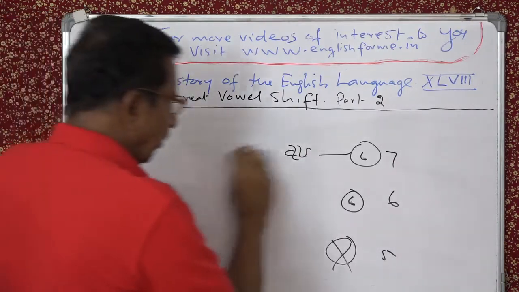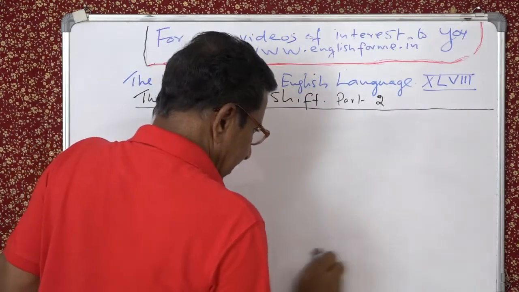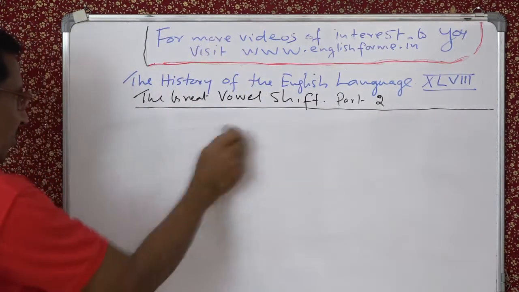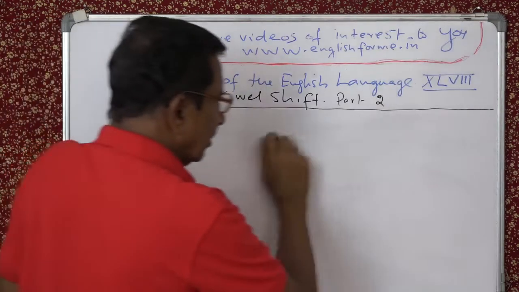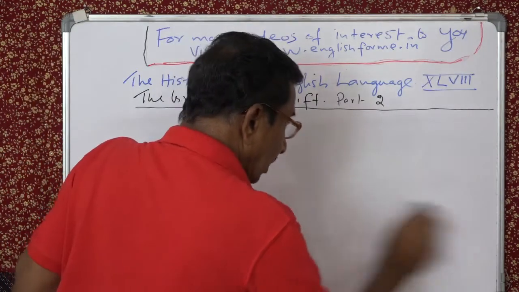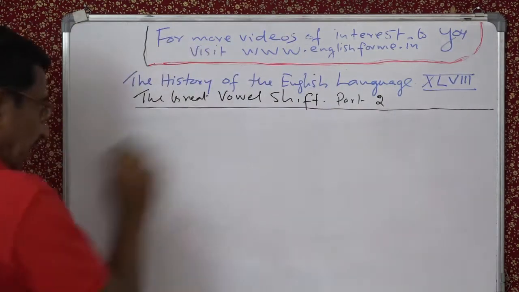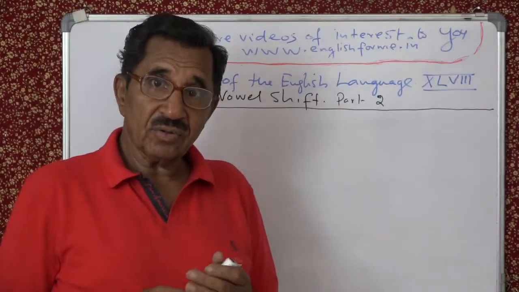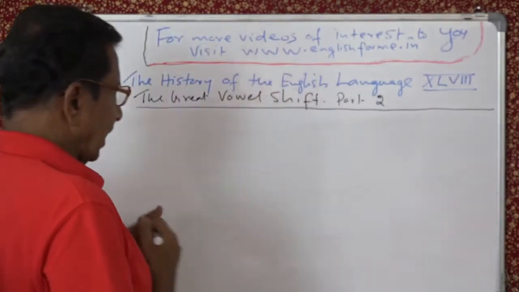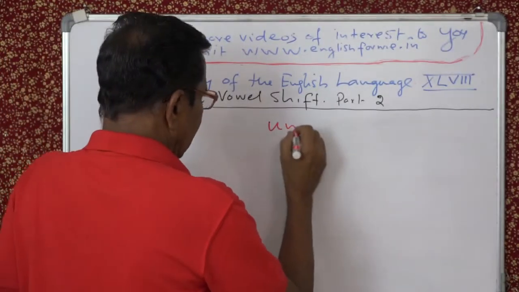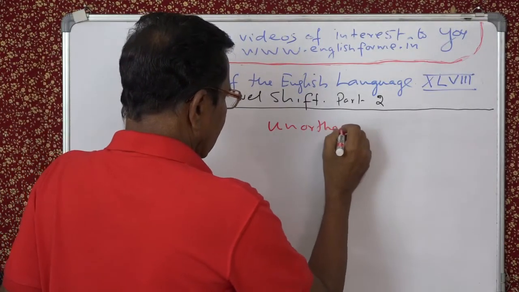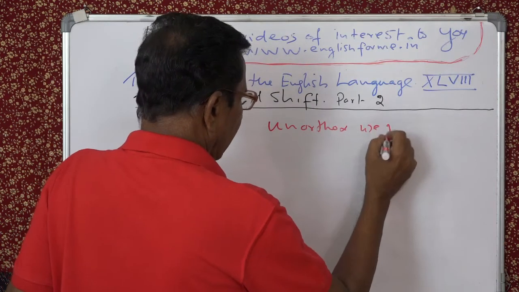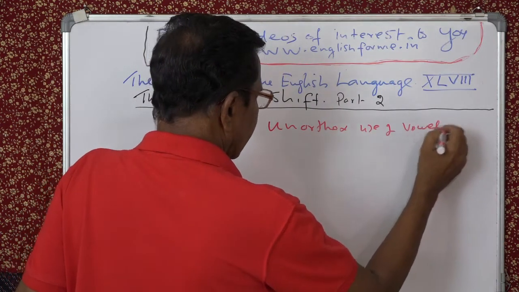That is, one vowel letter stands for 2 or even 3, 4, 5 sounds. One vowel letter. That is unorthodox use of vowel letters.